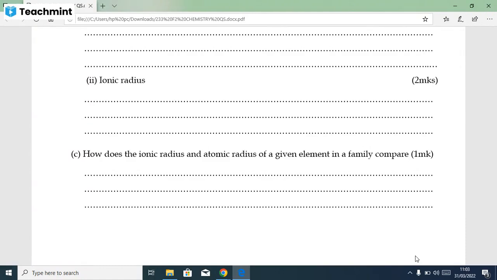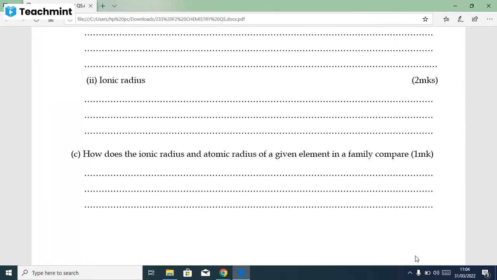Make a trial. Be specific. The atomic radius has more energy levels as compared to ionic radius.